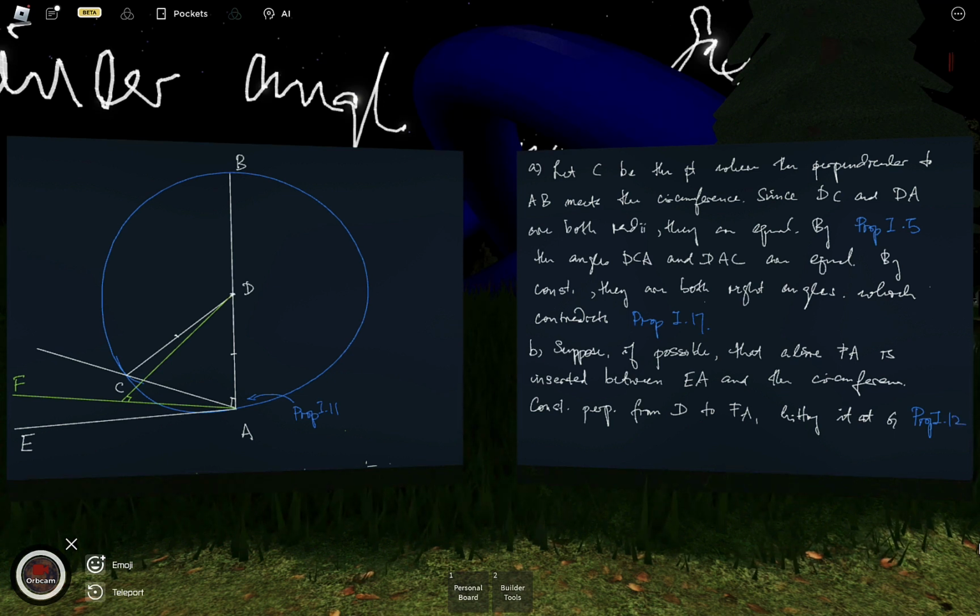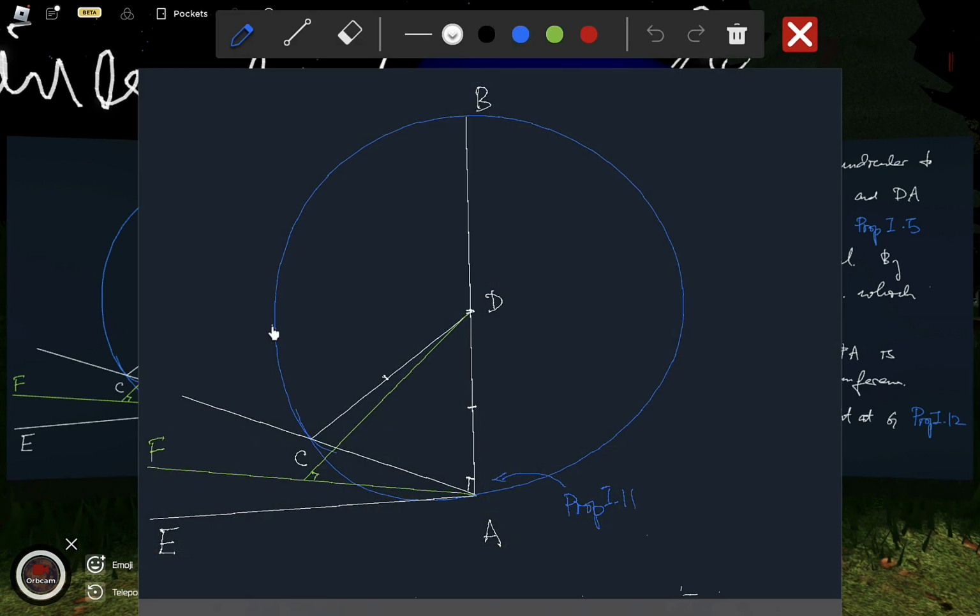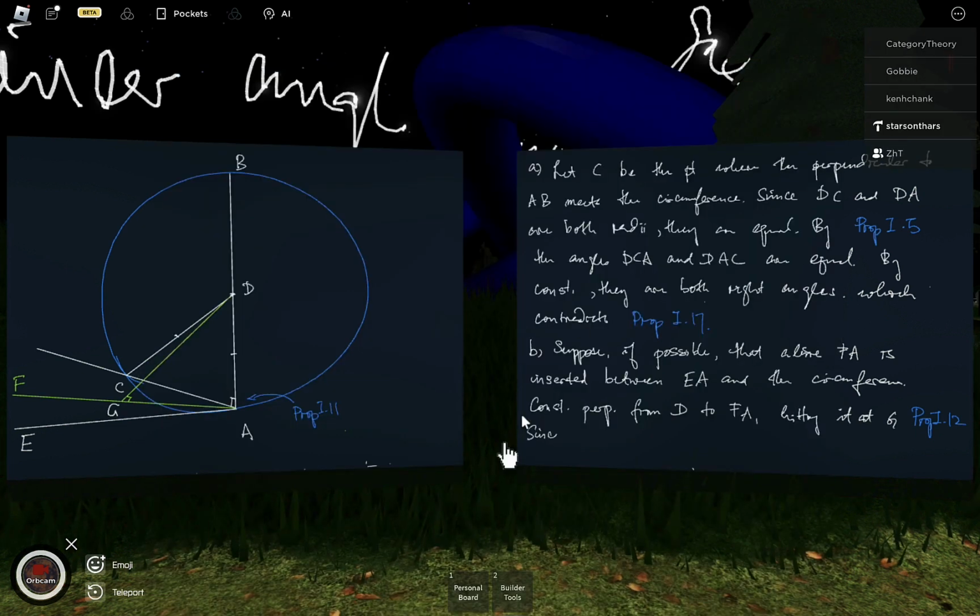And now we have to derive the contradiction. We've drawn a diagram. It looks impossible, but it is actually impossible. The next thing will tell us why. So since the angle DAG is less than a right angle, because it is part of a right angle DAE.